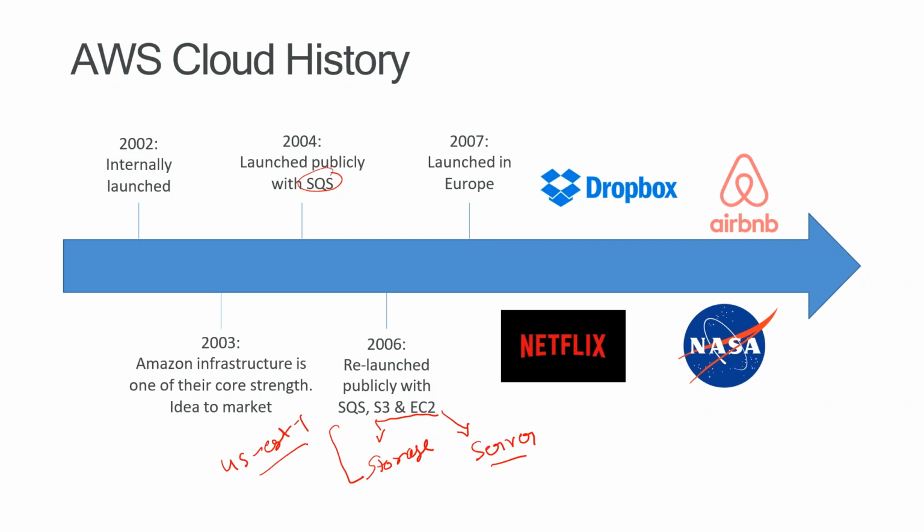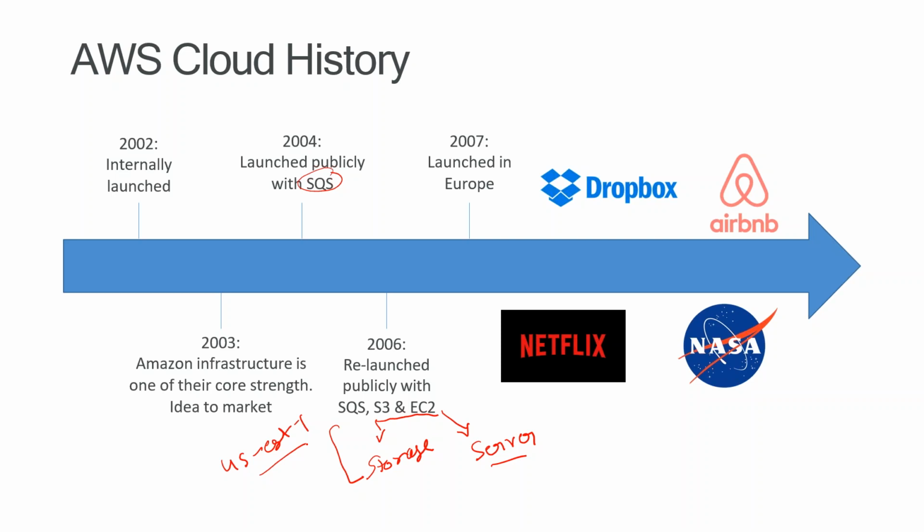So in 2006 they launched within the US East 1 region, and in 2007 they launched in Europe. We will see what it means, launching in US East 1 and Europe. And after 2007, all the rest is history. They keep evolving, keep bringing up services.